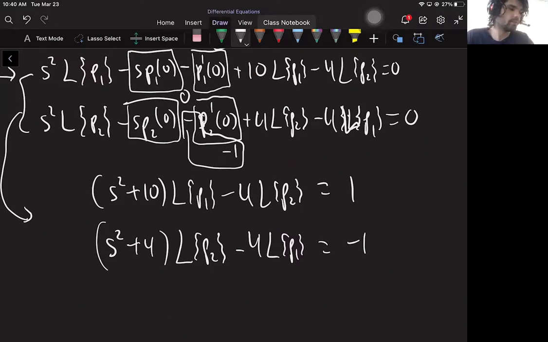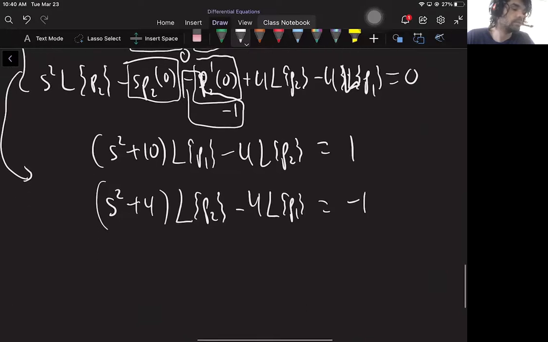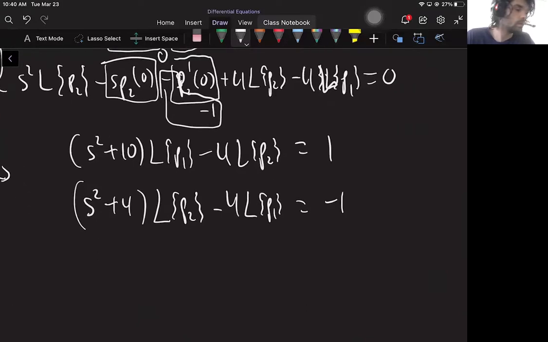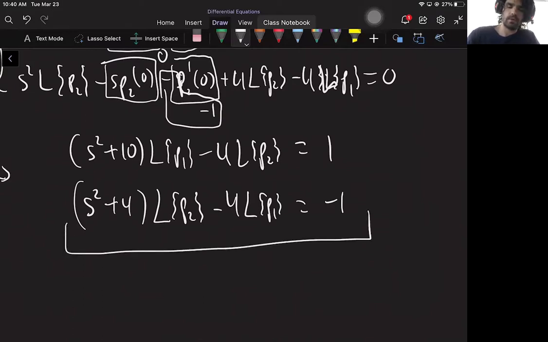So let's do that. Okay, let me do it the same way I did in my notes because it worked out that time. All right, so let's solve for LP1 in the second equation. So here, what's LP1?